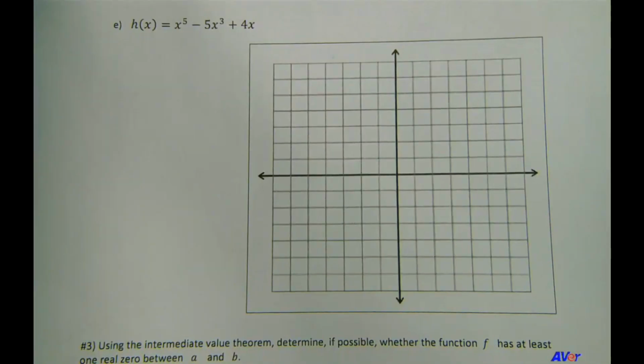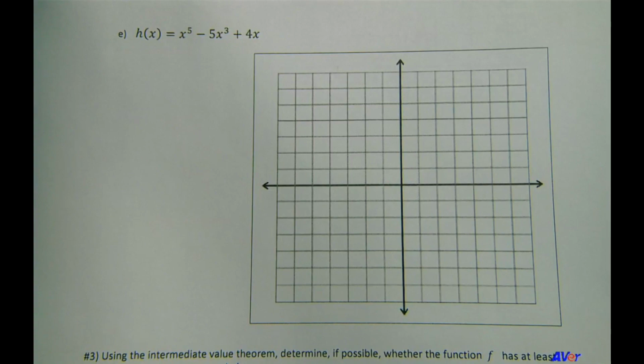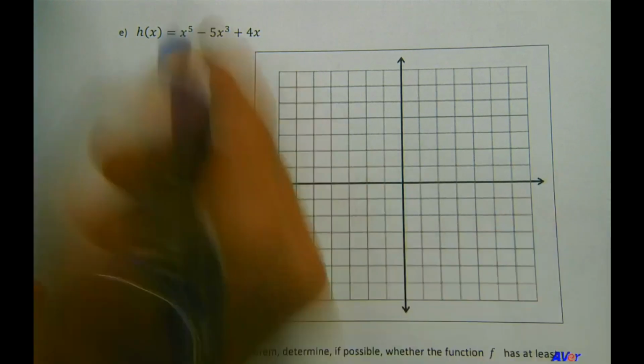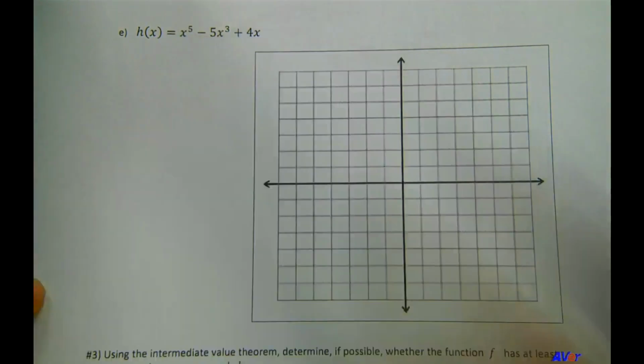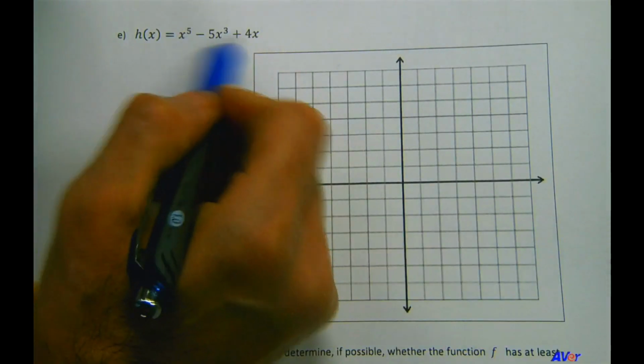In this case, this one again is not factored. So we have our work cut out for us here. But no problem, right? Because we have all the tools we need to graph this. Let's see. So we need to factor this, right? So let's start with what we know.